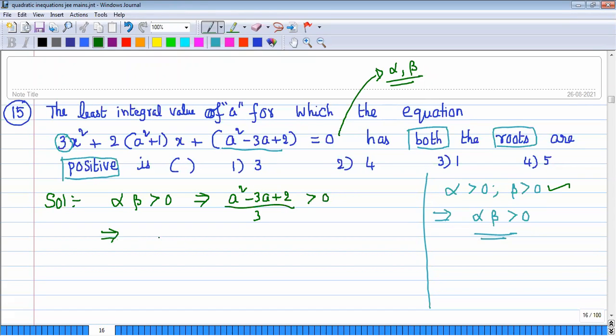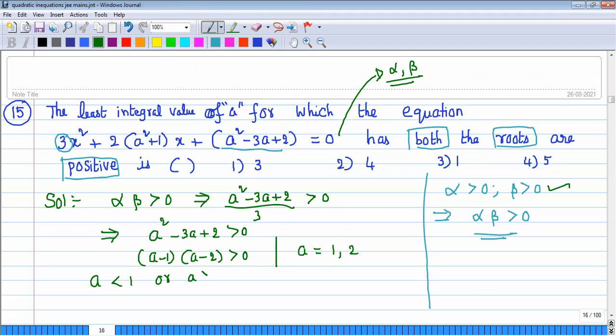By cross multiplication, being 3 is positive, the inequality sign will not change. a square minus 3a plus 2 is greater than 0. The factors are a minus 1 into a minus 2 greater than 0. Here the a values are 1, 2. a does not lie between 1 and 2. That means we can write a less than 1 or a greater than 2.